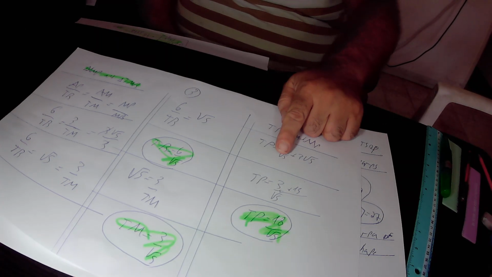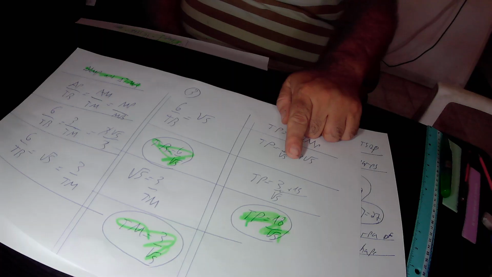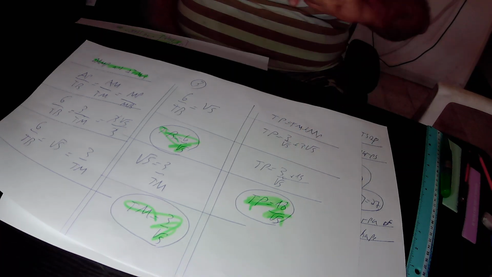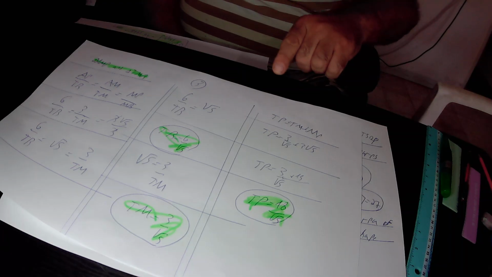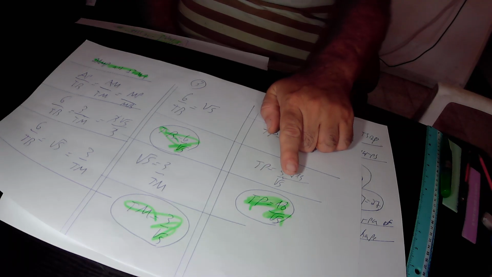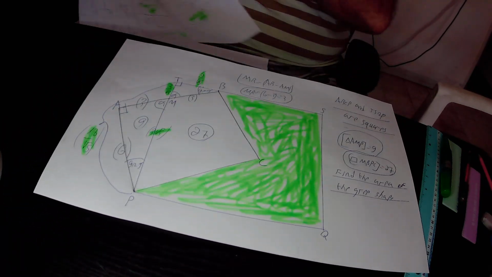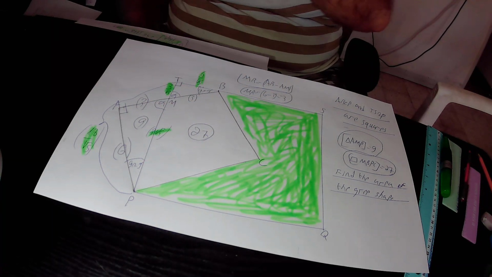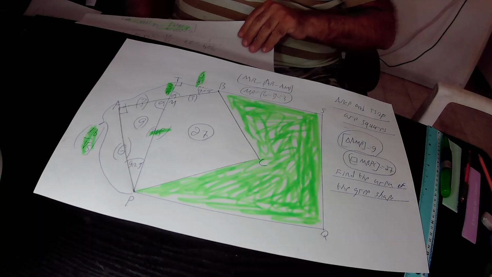So TP equals 3 plus 15 over square root of 5. 3 plus 15 is 18. So the length of side TP of square TSQP is equal to 18 over square root of 5 units in its length.